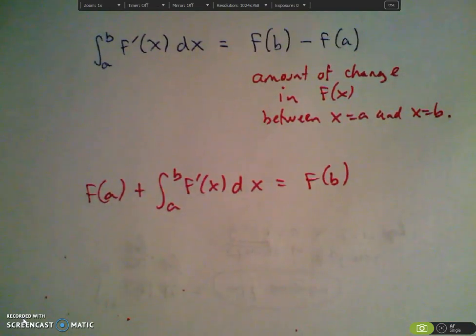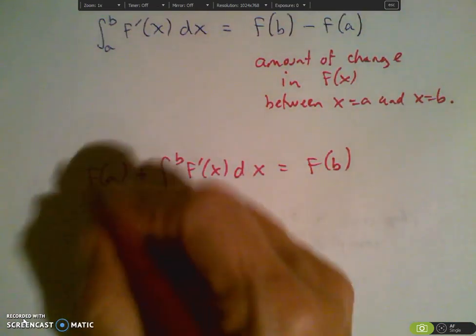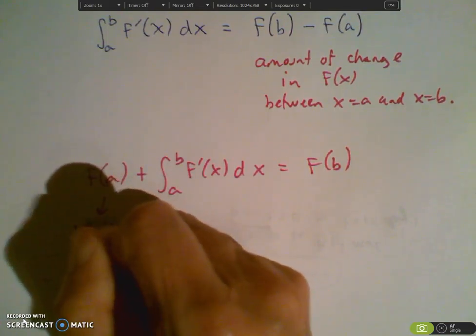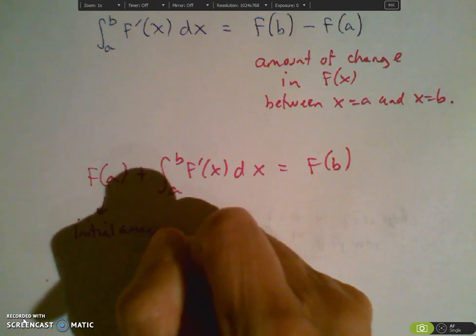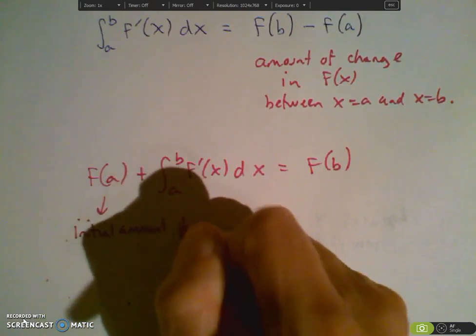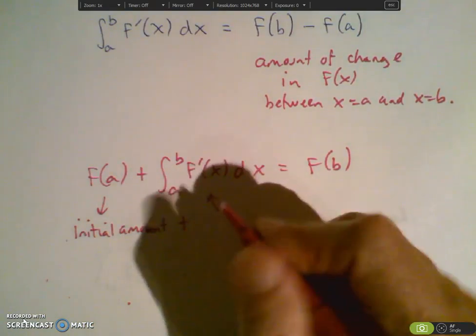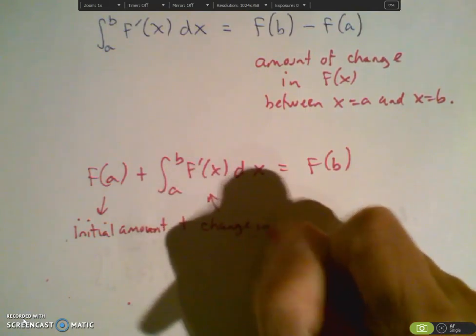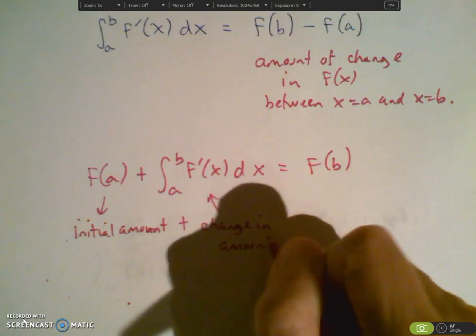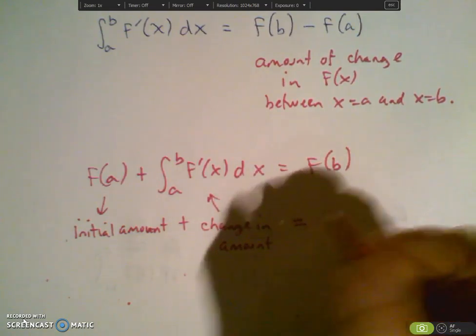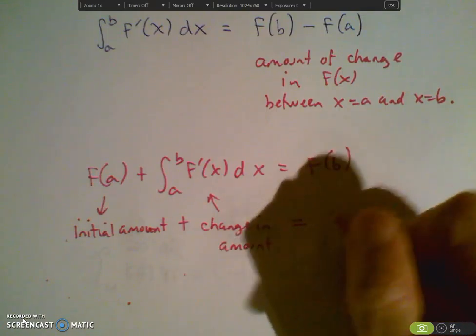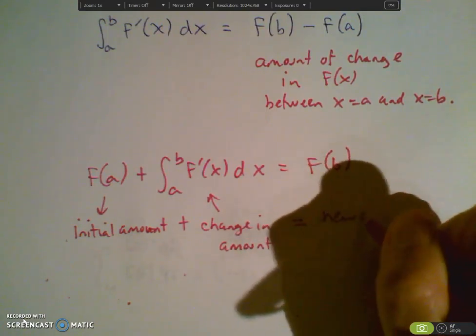This is particularly useful in certain application problems, where f of a represents an initial amount, plus, remember that this integral represents the change in the amount. And so if I take my initial amount and add up how much has changed in the amount, what we're going to get is a new amount.